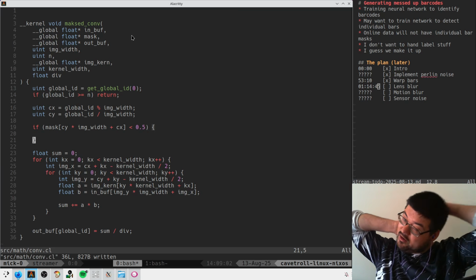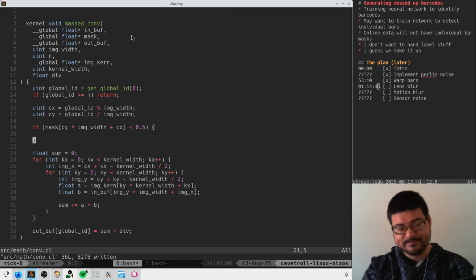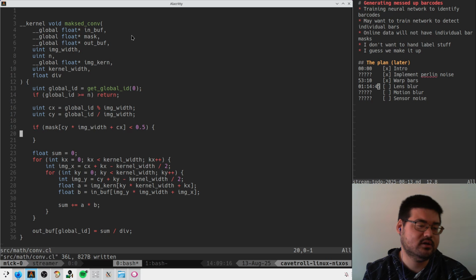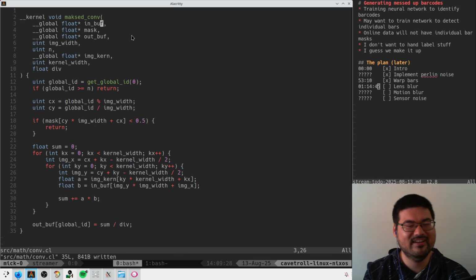It would probably be better if this was a binary mask, but whatever. We're using 4 times the width. I don't care. Return. I'm not 100% sure that this isn't right. Yeah, I think this is so far so good.